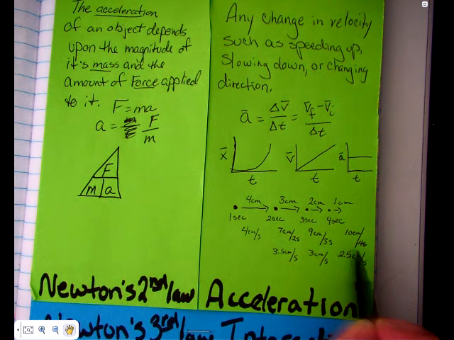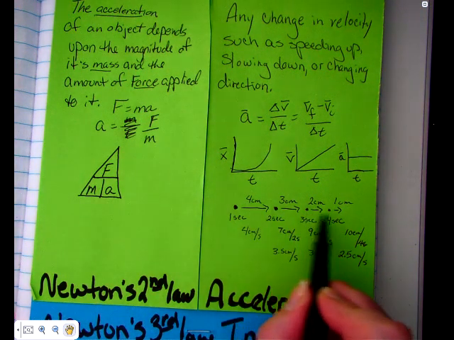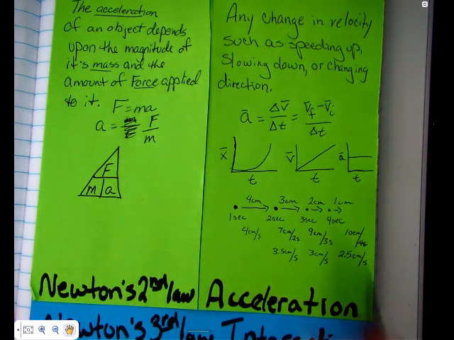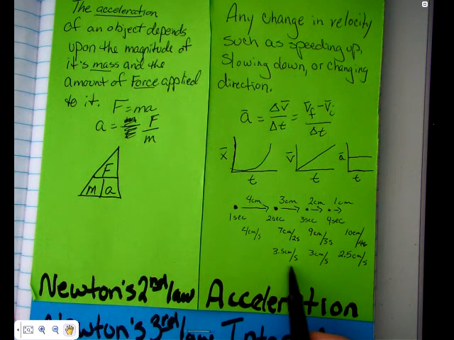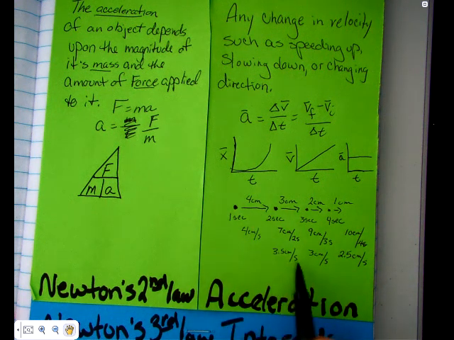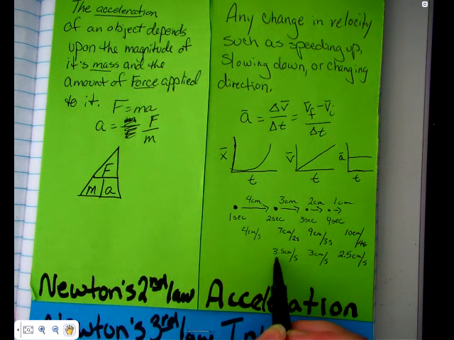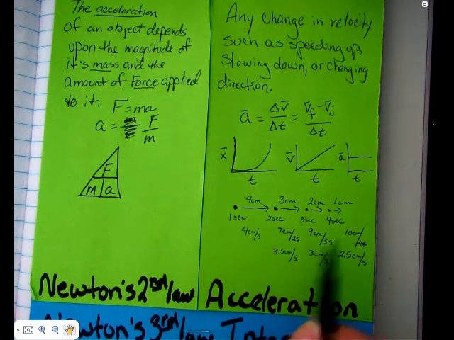So in case you're having trouble seeing this as speeding up, that it's going a shorter distance within each second, you can do your math here and write it in terms of velocities. So the first, well, this is 4 centimeters per second. Then 7 divided by 2 is 3.5 centimeters a second. So you see how that's getting slower. 9 centimeters in 3 seconds translates into 3 centimeters per second.